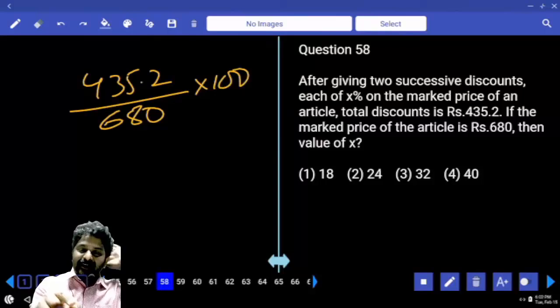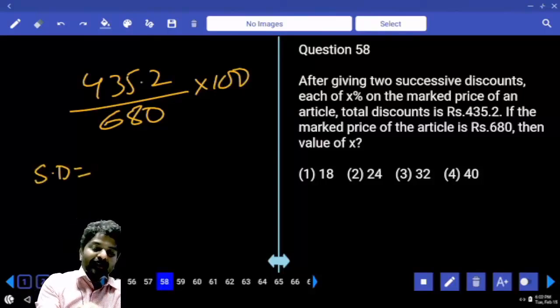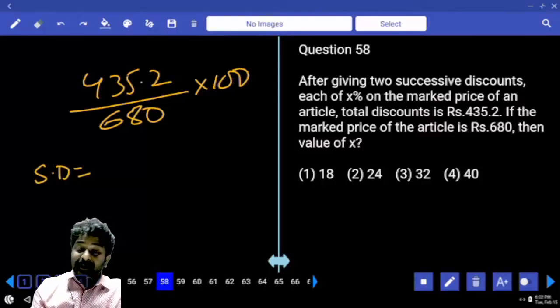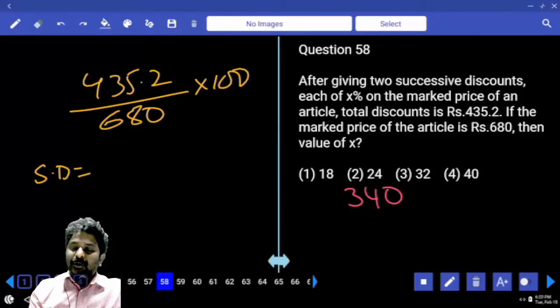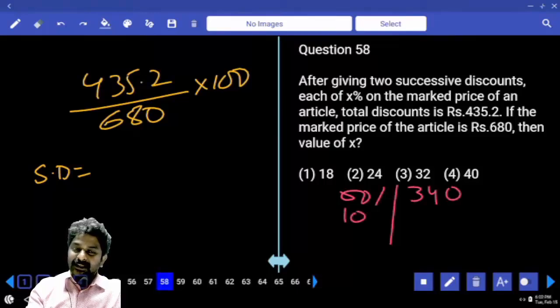Percentage calculation into 100. So first if you calculate single discount value. Now what is 50% of the denominator? 340. Still we have to add 95.2. Am I right? So 50%, 340, 10%, 68.